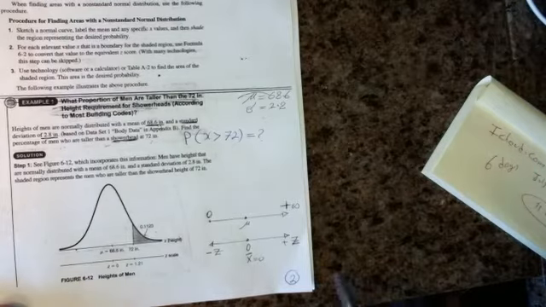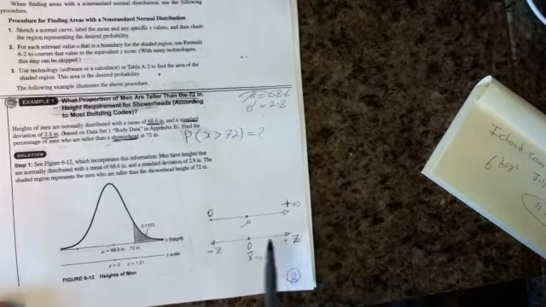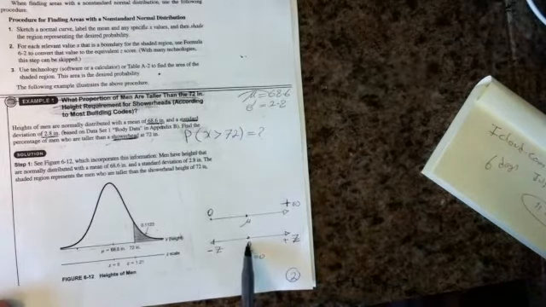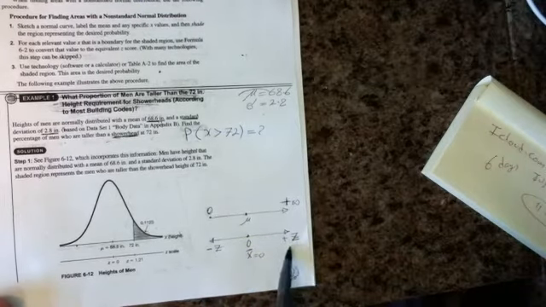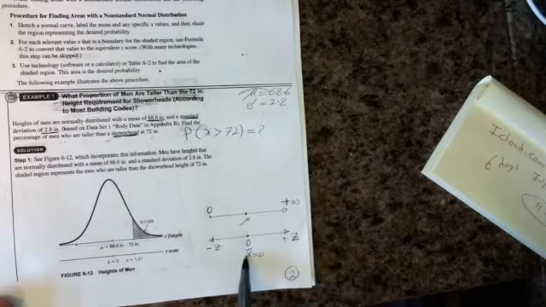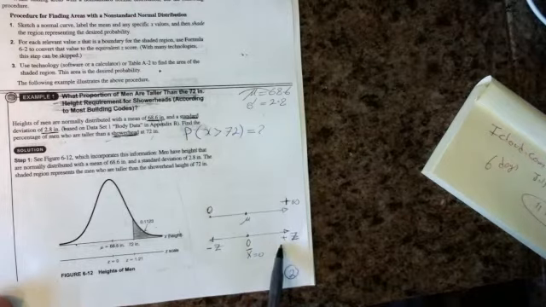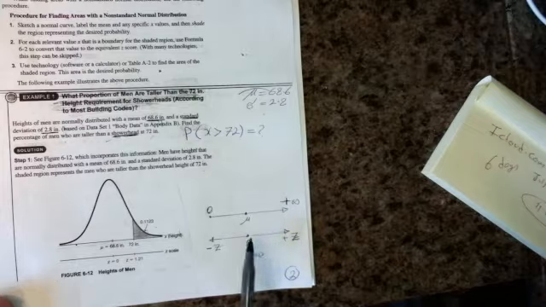Now, what's the main difference between the standard curve and the normal curve? In a standard curve, the horizontal axis has Z and minus Z, and remember the middle one is always 0, and when you go to the right, the numbers increase 1, 2, 3, and to the left -1, -2, -3.